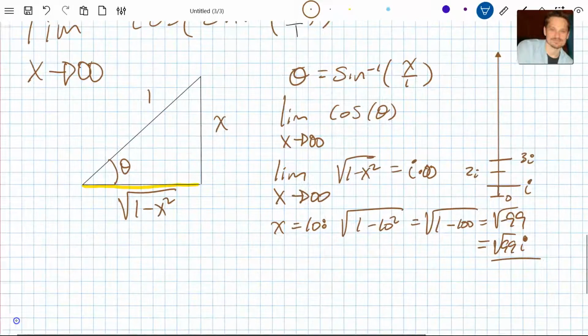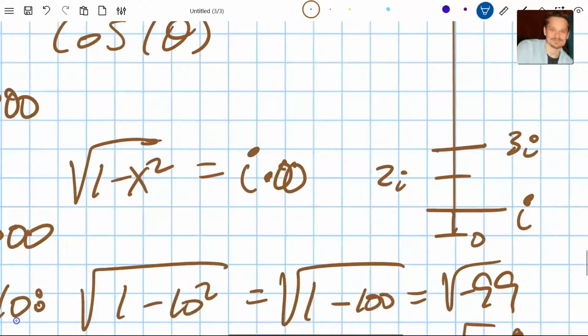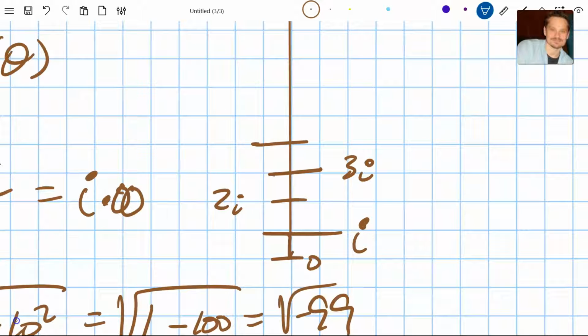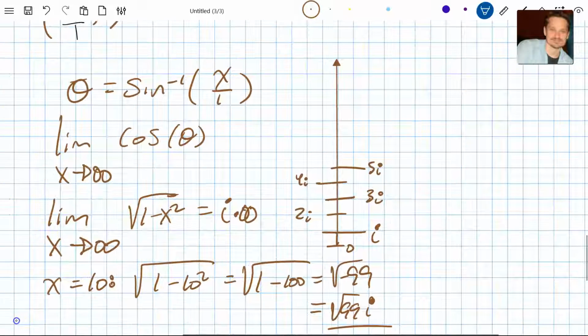I'm deliberately making these marks bigger so that the numbers don't overlap. Now this one here would be 4i, and this one would be 5i. So I would be traveling up this axis, from bottom to top, and eventually up here I would be heading towards i times positive infinity, like that.